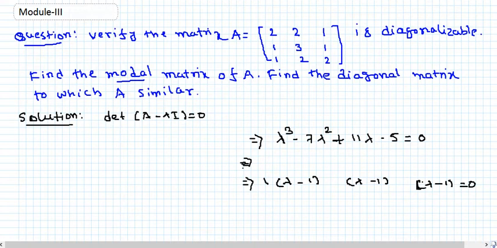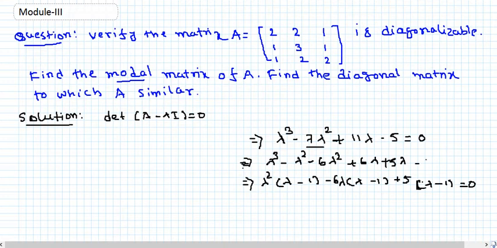First we have lambda cube, so multiplying by lambda minus 1 gives lambda cube minus lambda square. We have minus 7 lambda square, so we need minus 6 lambda square extra. So we multiply by minus 6 lambda, plus 6 lambda. We need an extra 5 lambda, so we add 5 lambda minus 5. That's great.